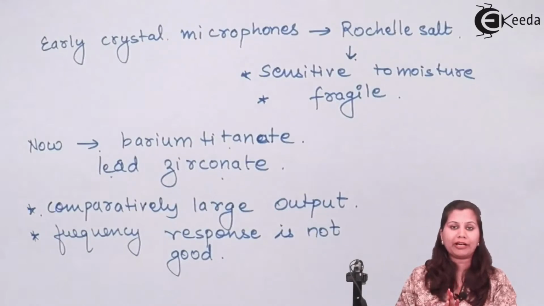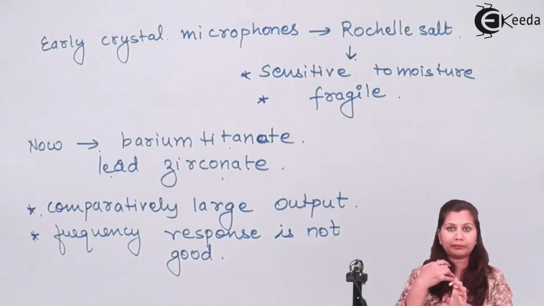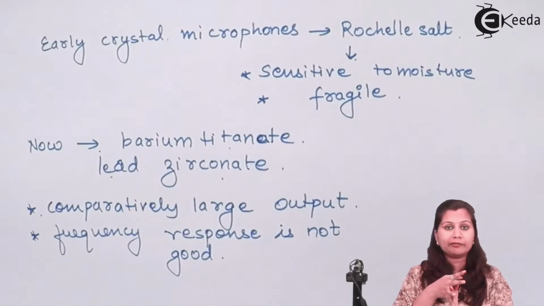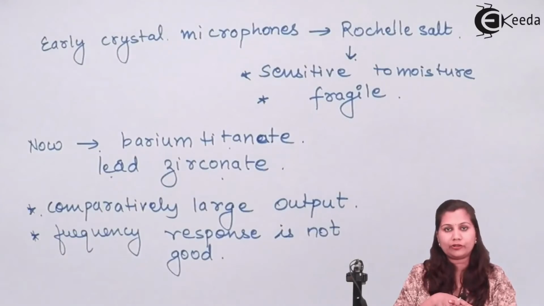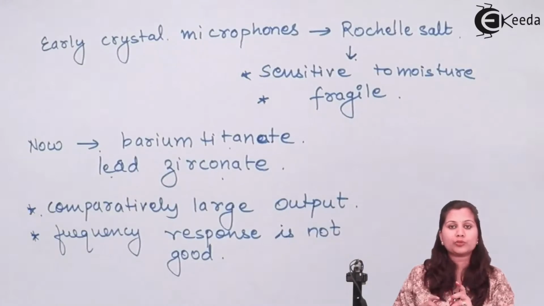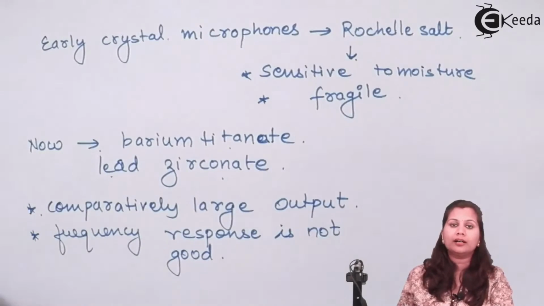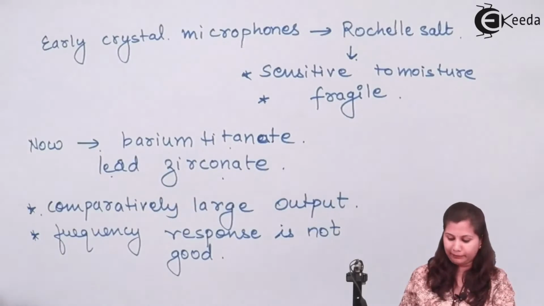In that we saw 5 types of microphones: carbon microphone, capacitive microphone, dynamic microphone, inductive microphone and piezoelectric microphone. So this was the first classification of the microphones, depending on the generating element.